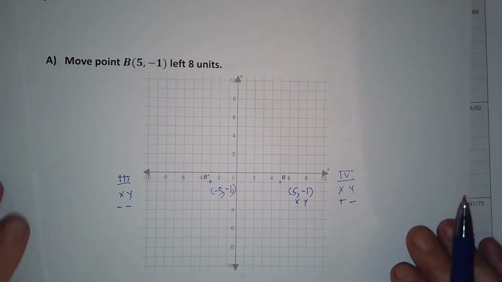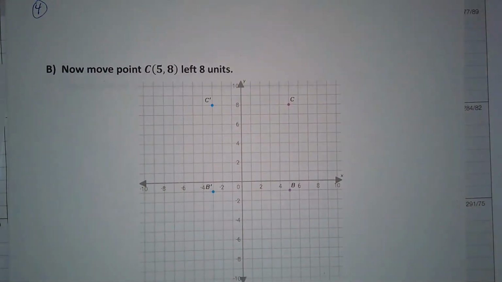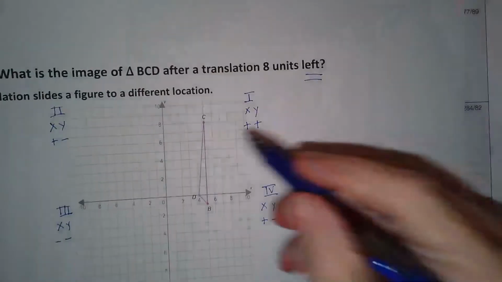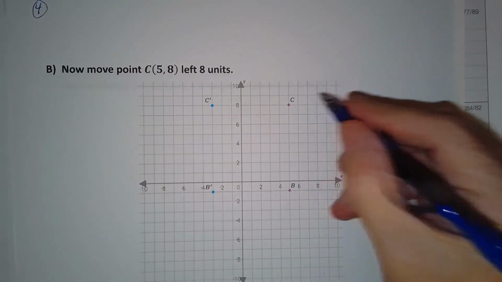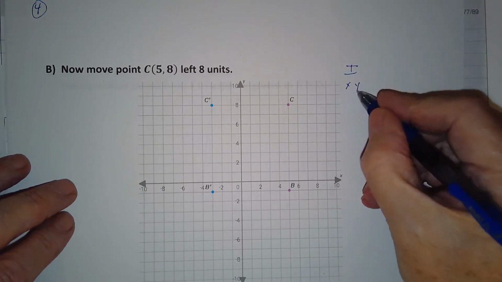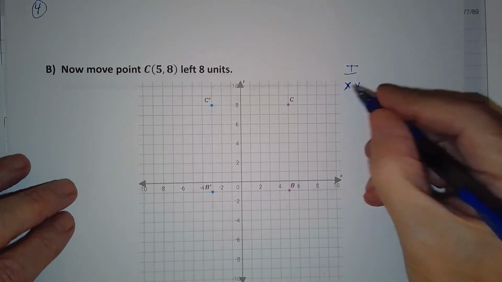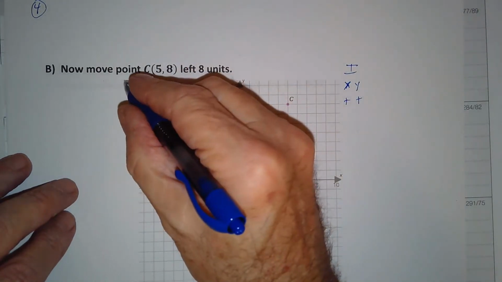Okay. So moving on, we're going to do point C here of our triangle. Point C is squarely in quadrant 1, where the X and Y coordinates are both positive, and it's going over here to quadrant 2.